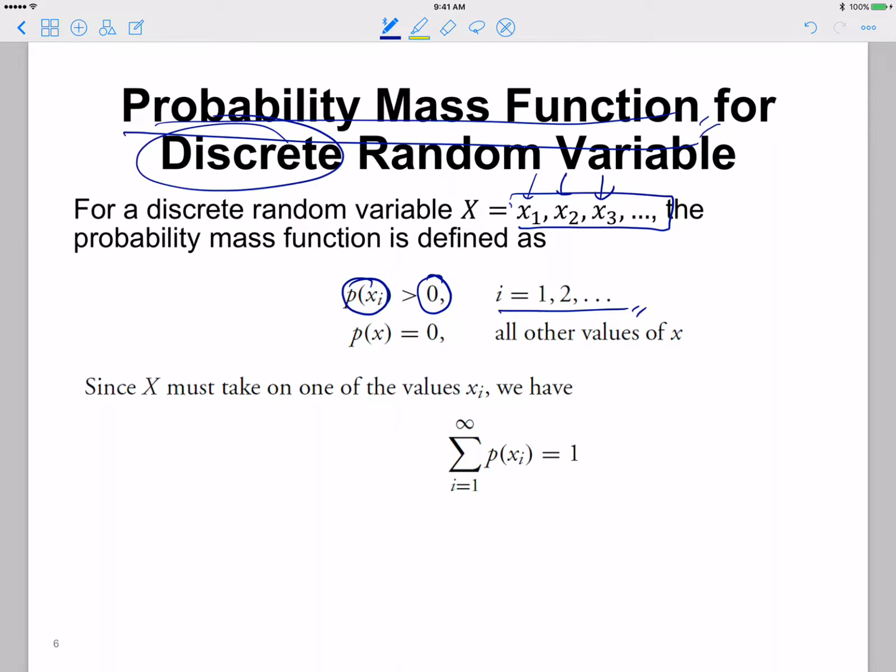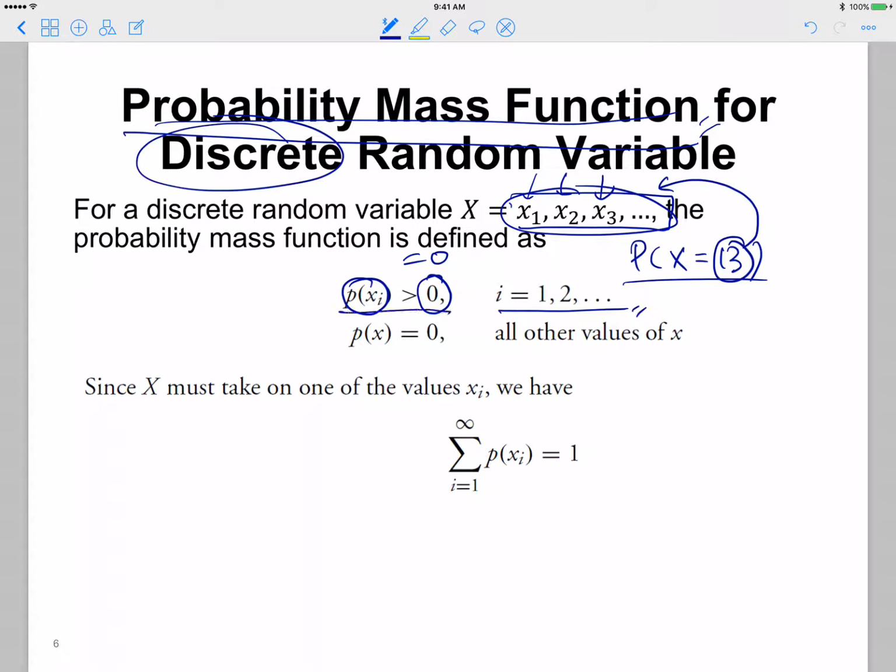Okay, so if that probability was 0, it means the corresponding value of xi will never be observed. So in the case of rolling a dice two times and taking their sum, if we consider maybe 13, which is impossible by summing up the two values from the dice, then we do not count this into the list of possible values.